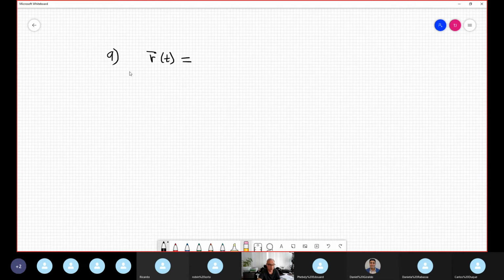It's a curve because we have only one parameter, t. It's cosine squared t, comma, cosine t times sine t. And t varies from 0 to pi. So the domain of t is from 0 to pi.